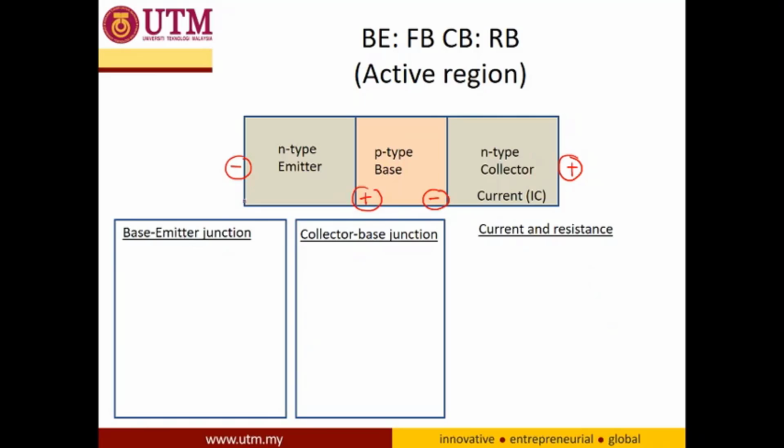So what happened? The base emitter junction is forward biased, so the depletion region is very thin. And what happened to the electrons in the emitter? They can move to the p-type base.